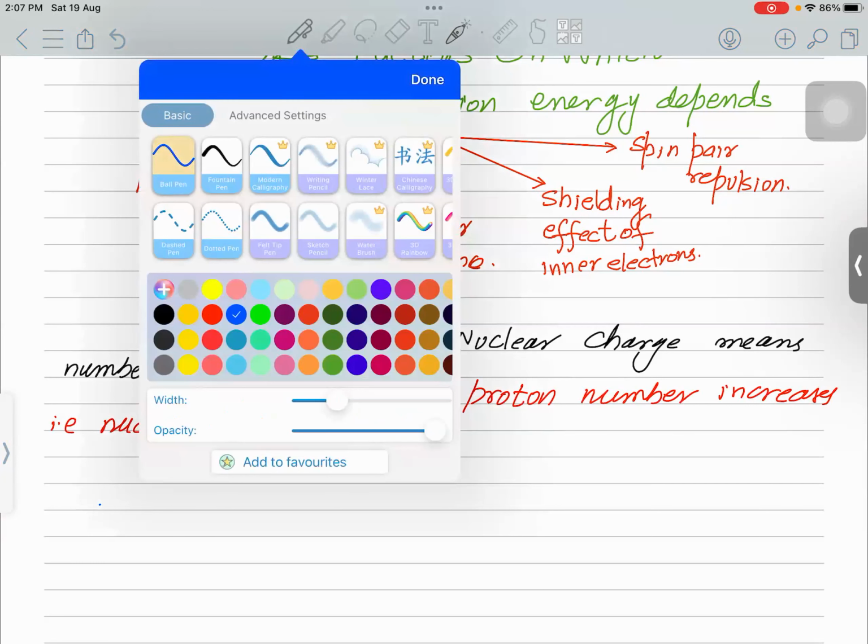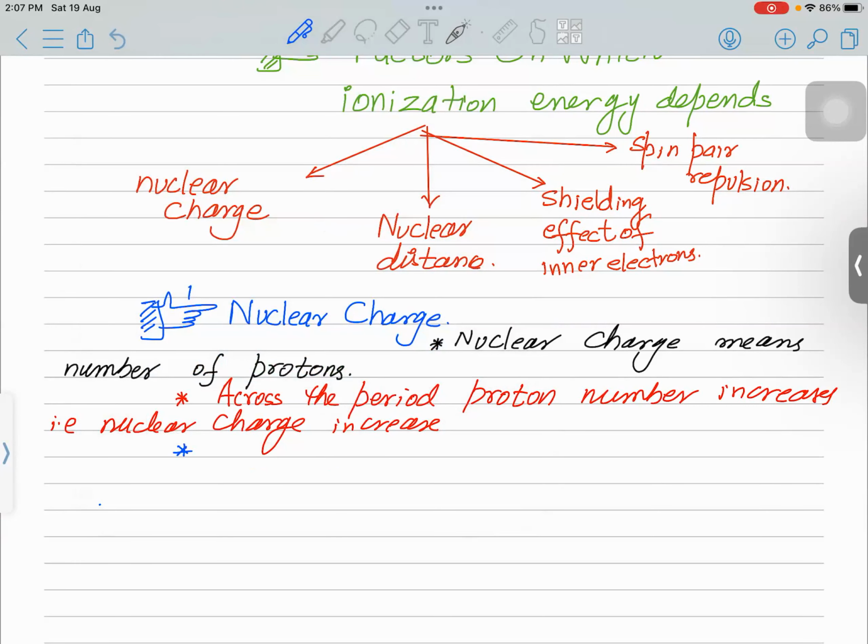As the nuclear charge increases, does nuclear attraction increase or decrease?